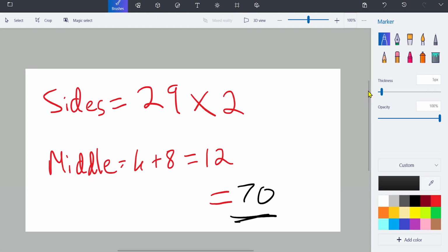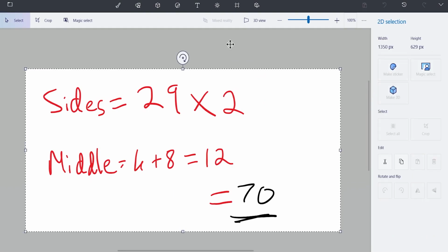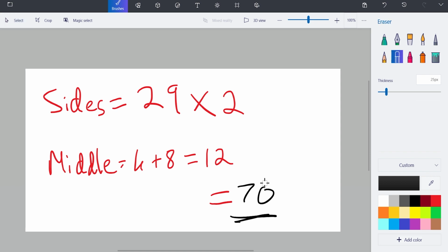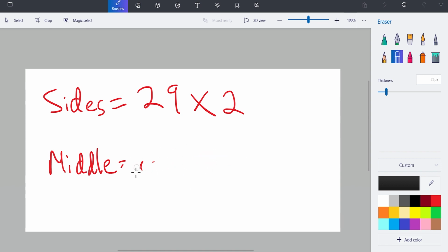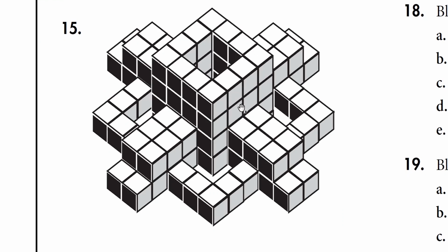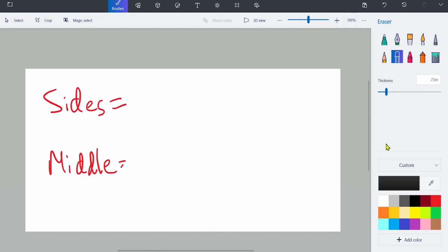Here again, we have sides, we have the middle, and so I'll just call this sides, middle. This is the middle, this is the sides, and corner piece. Let's call this.